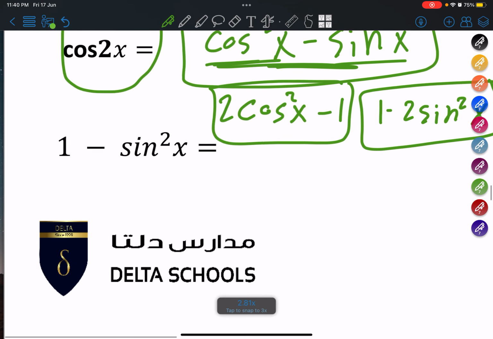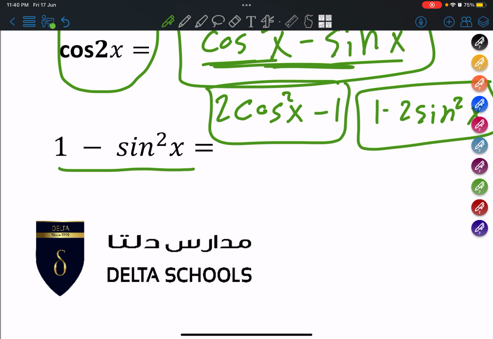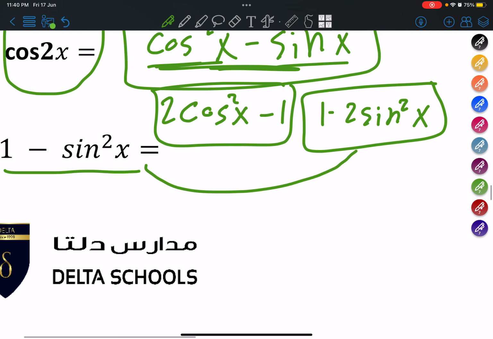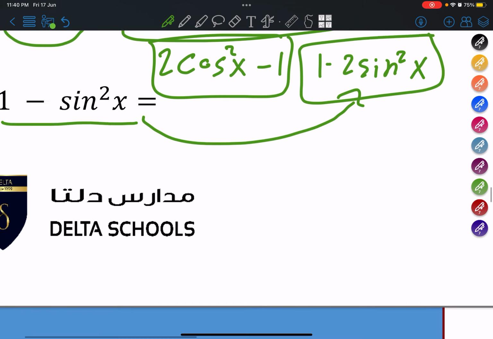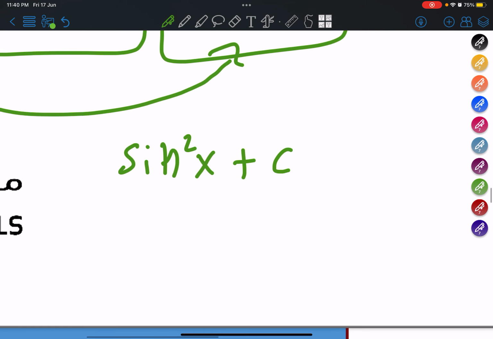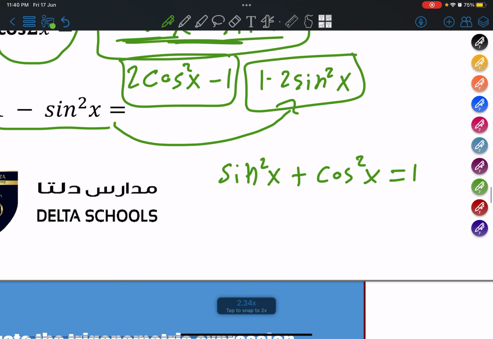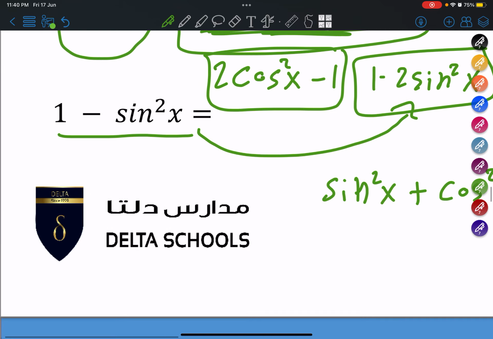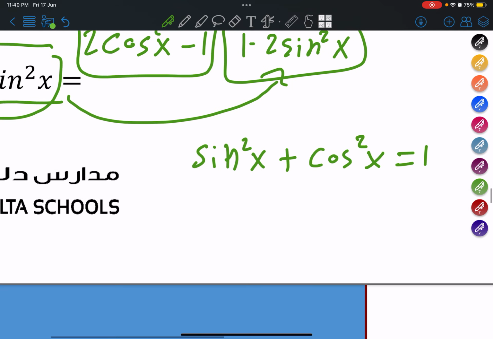Okay, so what is 1 minus sine squared x? We just said it here. What is this equal to? Well, we first have to know the identity, which is sine square x plus cosine square x equals 1.